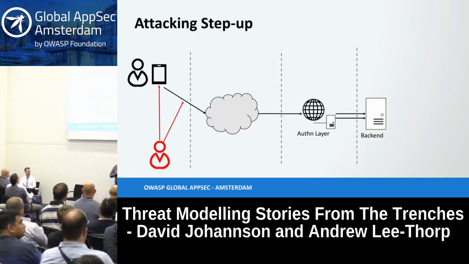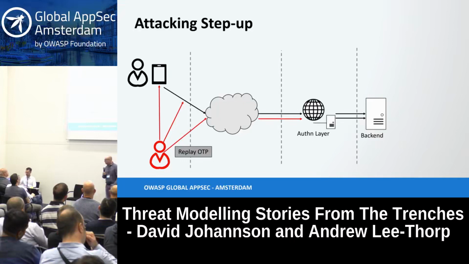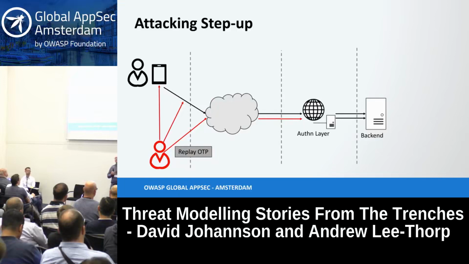But we want to see if we can attack the step up, because such an attack would allow you to do other things. So you could attack the channel. If it's HTTPS, a little bit difficult to do. Maybe they're not doing certificate pinning, but that's a standard cookie cutter attack. Maybe you could attack the risk engine itself.